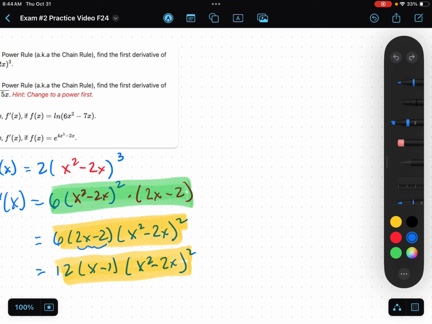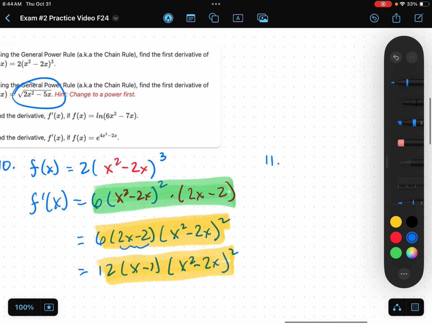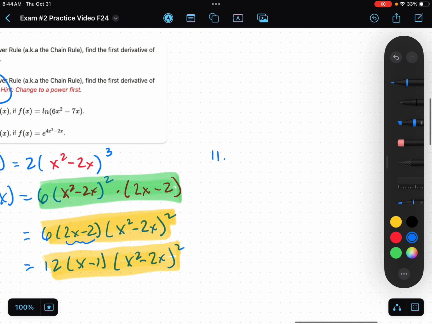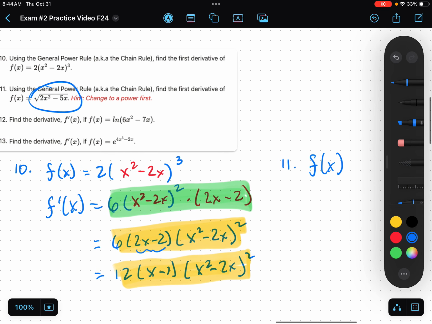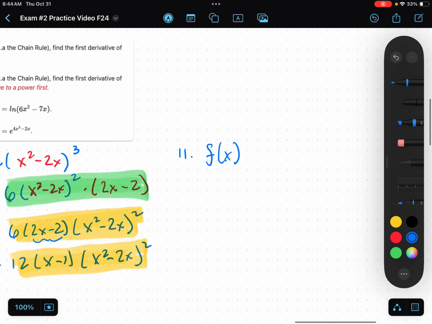Oops. Got to use the right pen there. So on number 11, even though it's written as the square root of 2x squared minus 5x, when I set this up, I'm going to get rid of the radical and use an exponent so I can do my power rule. So that's going to be (2x squared minus 5x) to the 1/2 power.